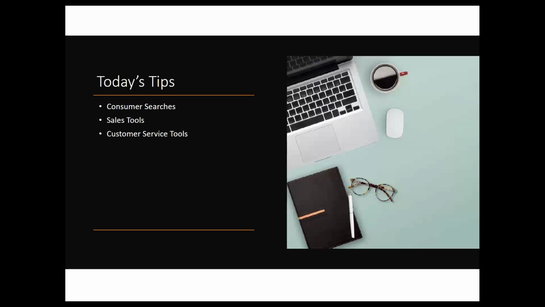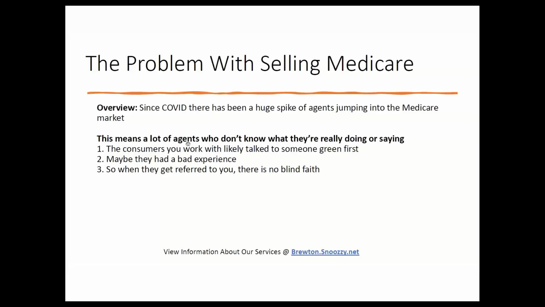What types of things can you put on your site that's going to help you before you chat with the consumer? And three, we're going to talk about customer service tools. Obviously, during AEP, things get crazy. So anything you can do to make things more efficient, it's going to help you grow your business and obviously, retain the business.